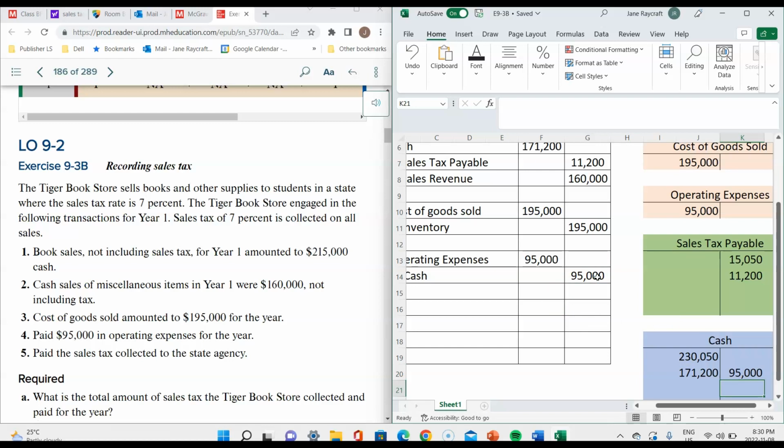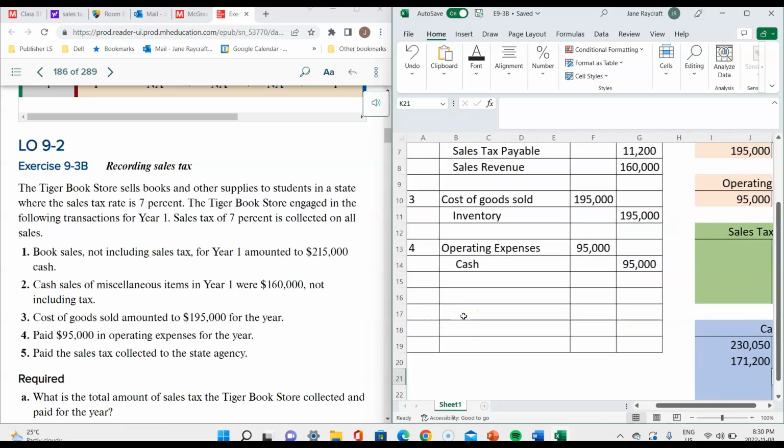All right. Finally, I need to pay that liability. The state is saying, pay up what you owe. So when my liability is reduced, so when I go to pay off a liability, I need to debit that liability.